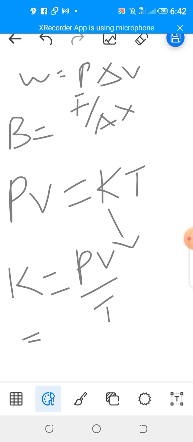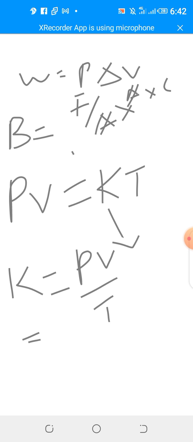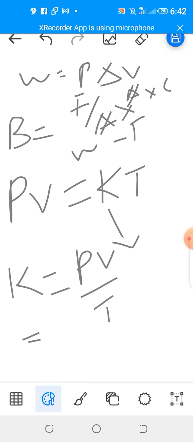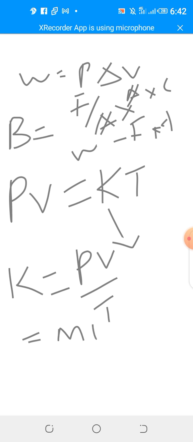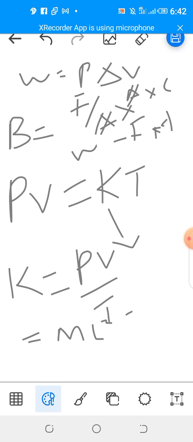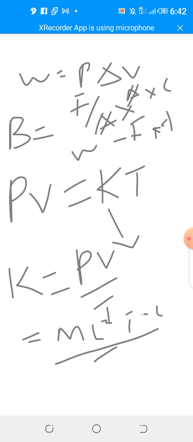V is area times length. Area cancels area, so W equals to what? F times distance. So work done is the same as work done, so you can just say mL2 T minus 2 over temperature.